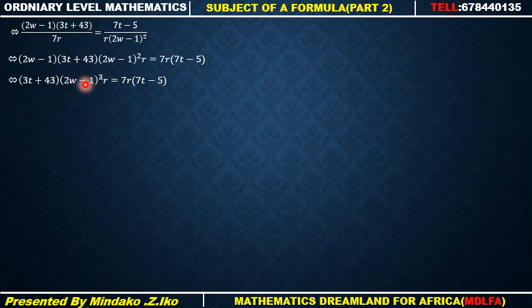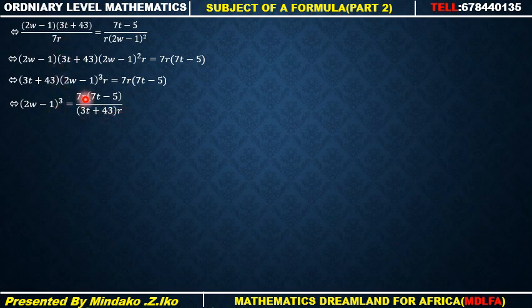So it means we are going to divide all through by 3t plus 43 times r. At the end of the day we are going to have that 2w minus 1 cubed being equal to 7r times 7t minus 5. And you notice that this r can also cancel with this other r here. It is clear, but since I'm not interested in making r the subject, I'm making w the subject, I can still leave it like that, depends on you, but it's good for you to cancel it.